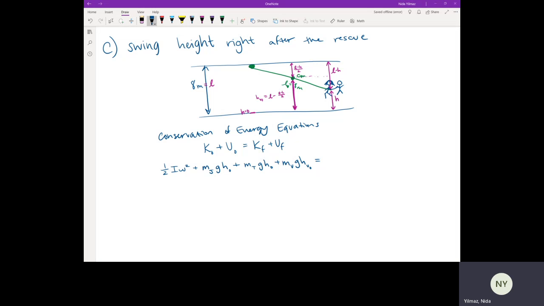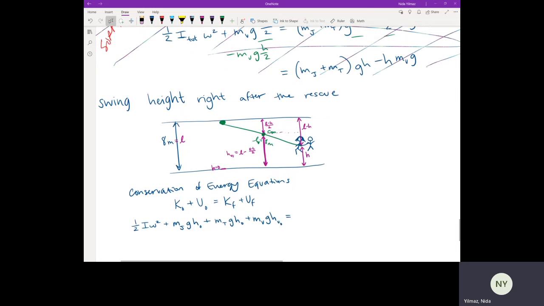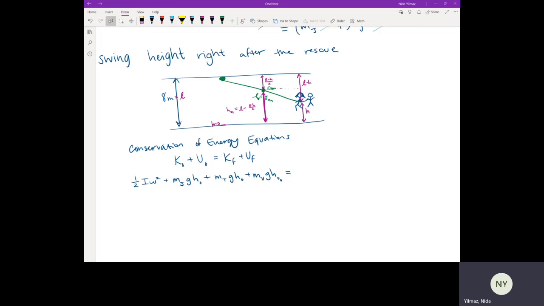And then that all equals the final energies. What happens is, just like in kinematics, when we reach our highest point, no matter where that is, if we're swinging, let's draw something out here. This is attached right here, and here's our motion. We're going up.